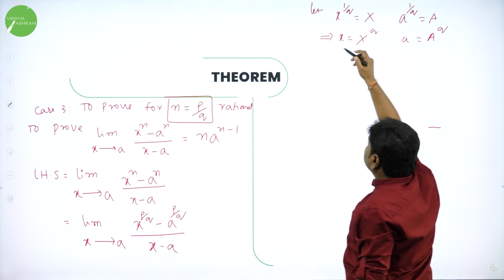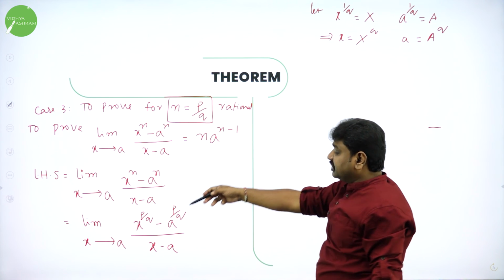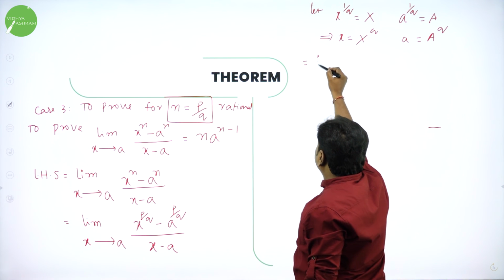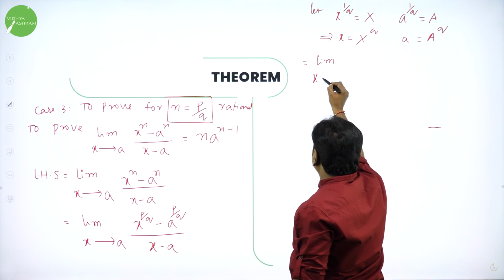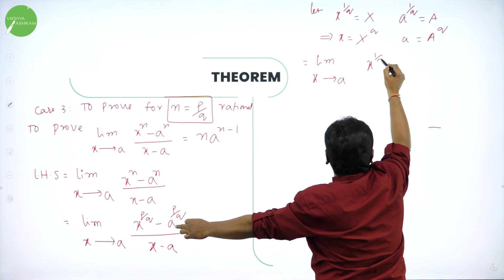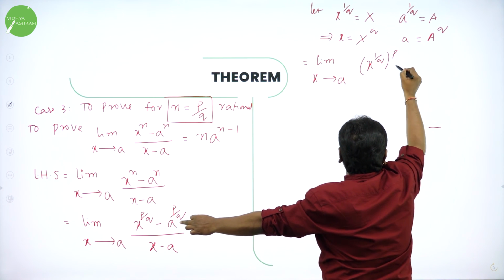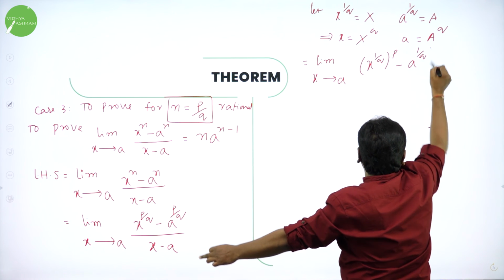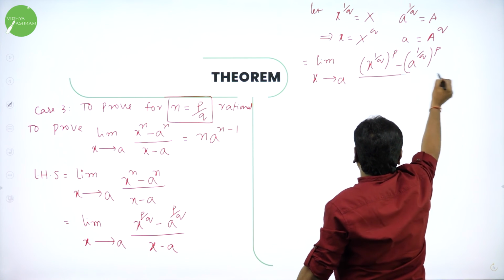That we will use later. Now we make these changes in this. So this will become limit x tends to a, x power 1 by q whole power p minus a power 1 by q whole power p divided by x minus a.